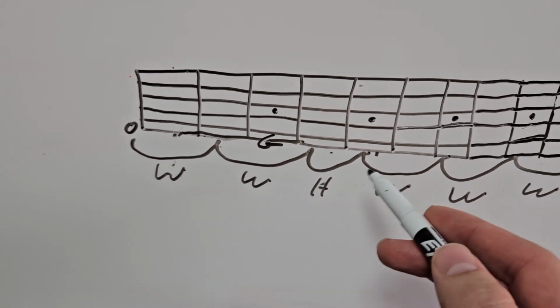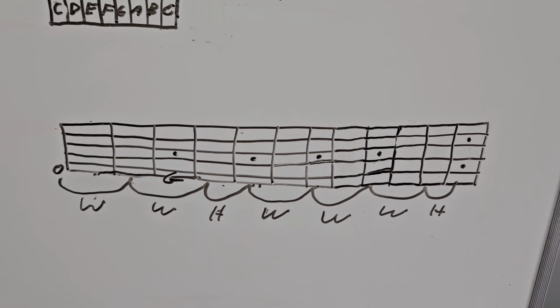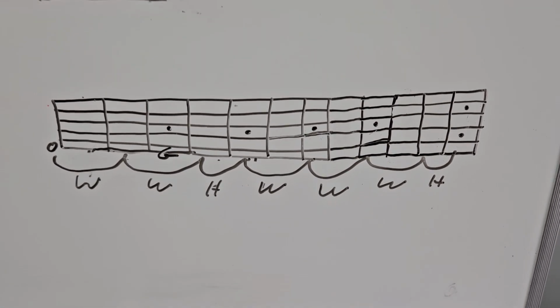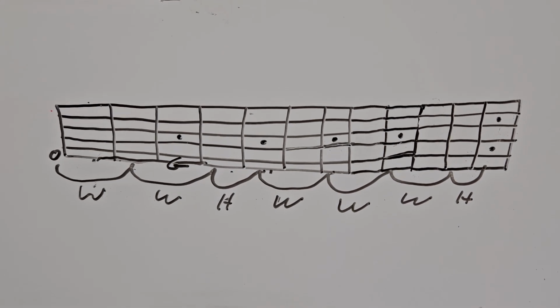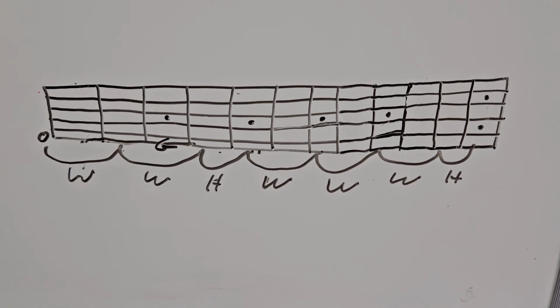And then your whole, whole, half starts from that 3rd fret. And this will always be true on guitar. So the moment you learn one pattern on guitar, all you have to do is move it around, and you're in whatever scale is your starting note.